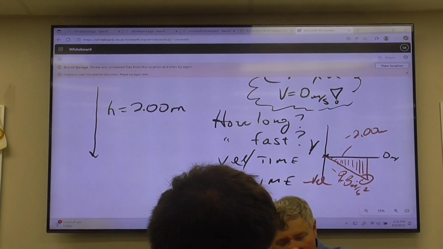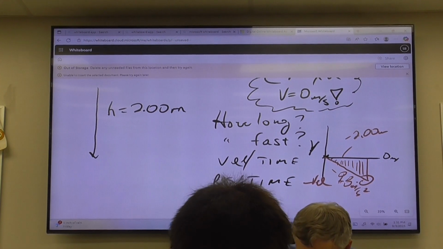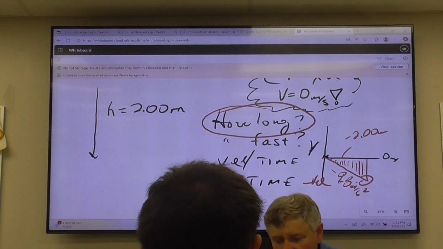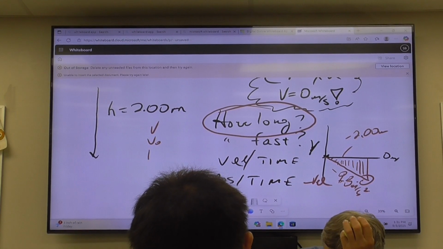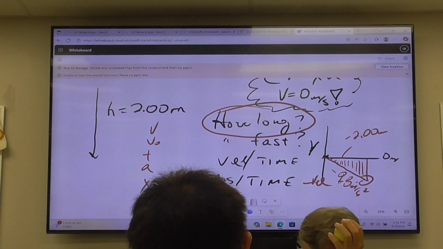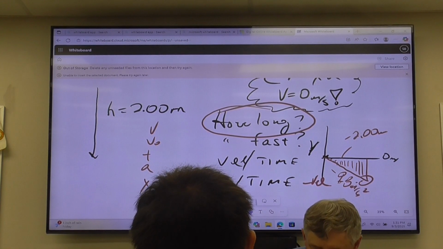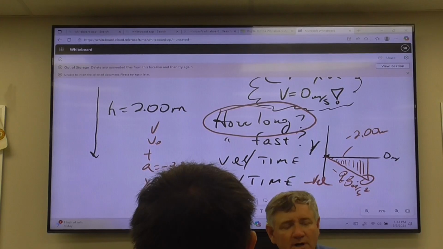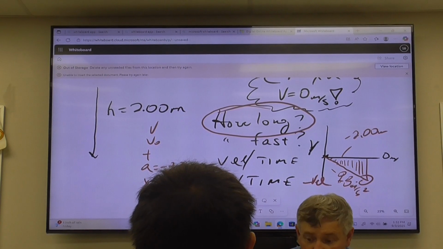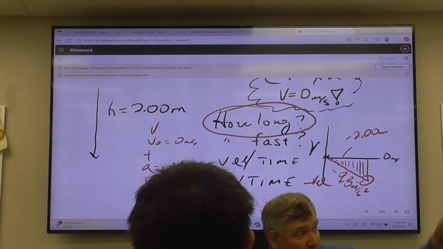All right. So let's talk about how long it's going to be in the air. If you look at the V naught t chart, what do you know? I know my acceleration is negative 9.8 meters per second squared. Cool. What else you got? I know my initial velocity is 0 because I'm dropping it.